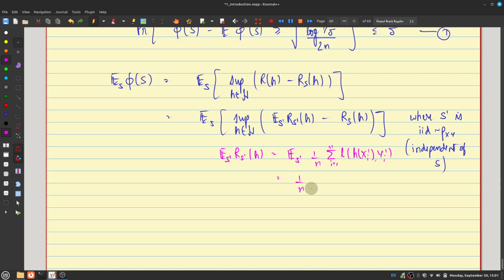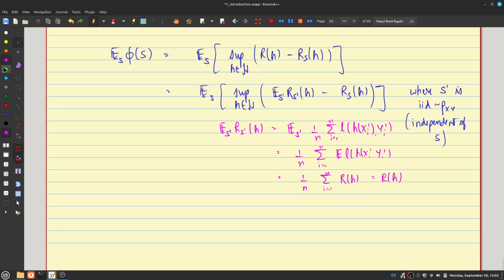So it's nothing but 1 over n summation i equal to 1 to n expectation of L of h of xi prime yi prime. Okay, that's good.